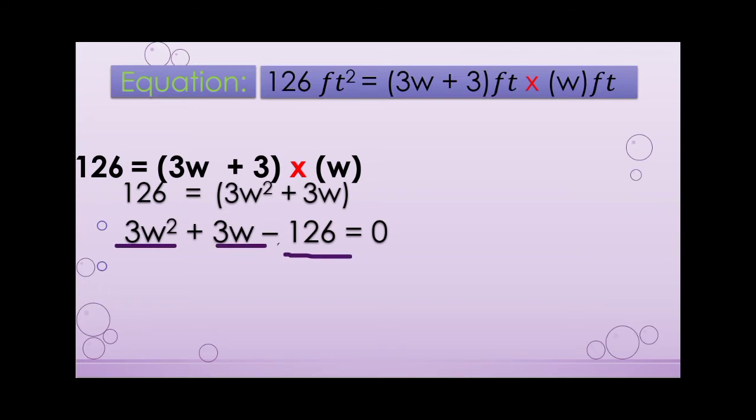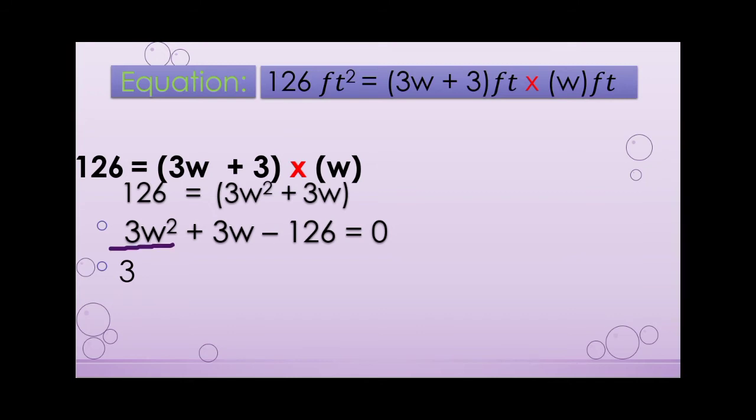So we have 3W squared, 3W, and negative 126. So ano mapapansin nyo sa mga yan? Lahat sila ay pwedeng i-divide by 3. Okay? So ilabas natin ngayon si 3 and i-divide natin bawat term by 3.